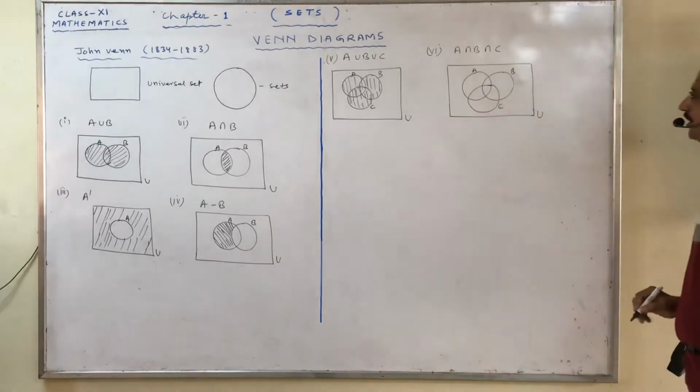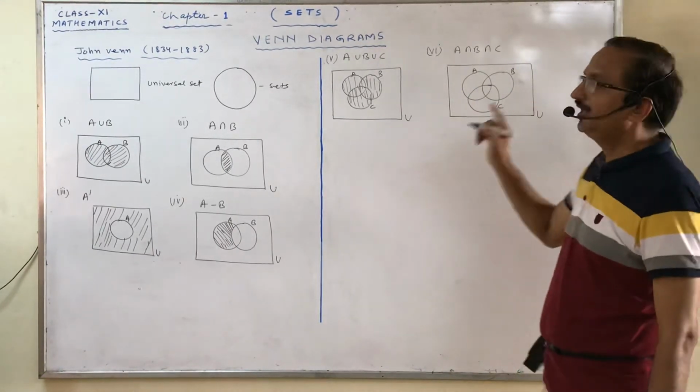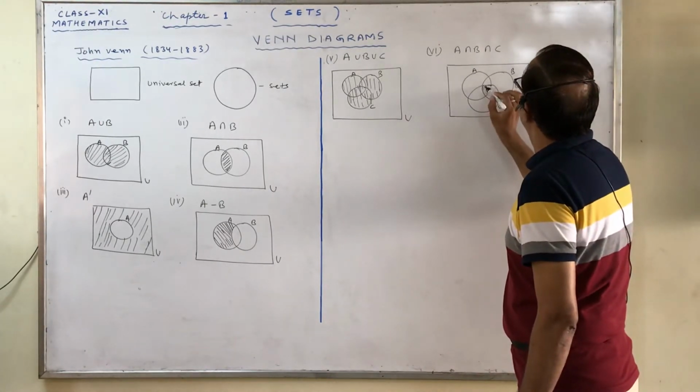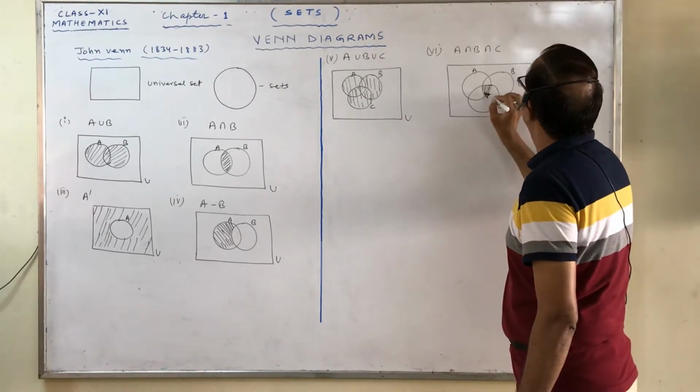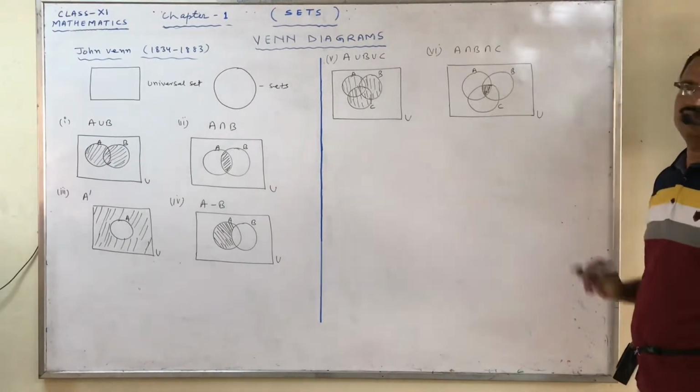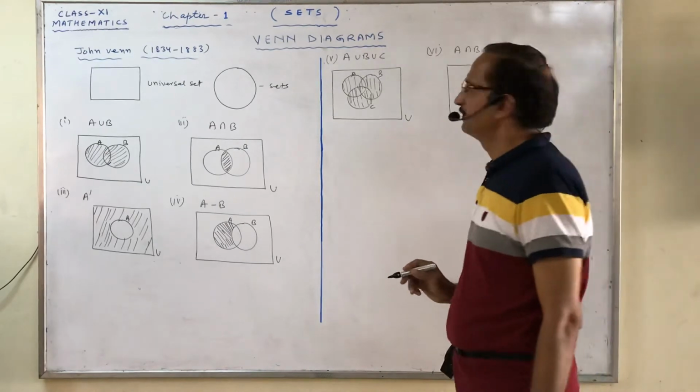Now, the common portion of A, B and C. So this is the common portion of A, B and C. So this will represent A intersection B intersection C.